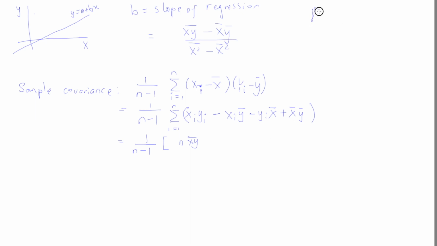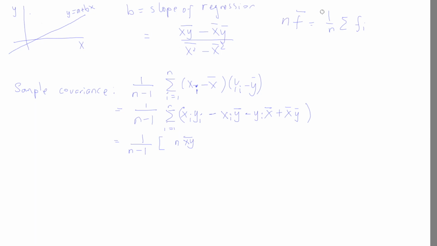Recall that f bar is equal to 1 over n times the sum of fi. So if I put an n here, it's like getting just the sum. All I'm saying is that for this expression, because I don't have a 1 over n at the front, I can just put an n and still use the notation xy bar. What about this one?